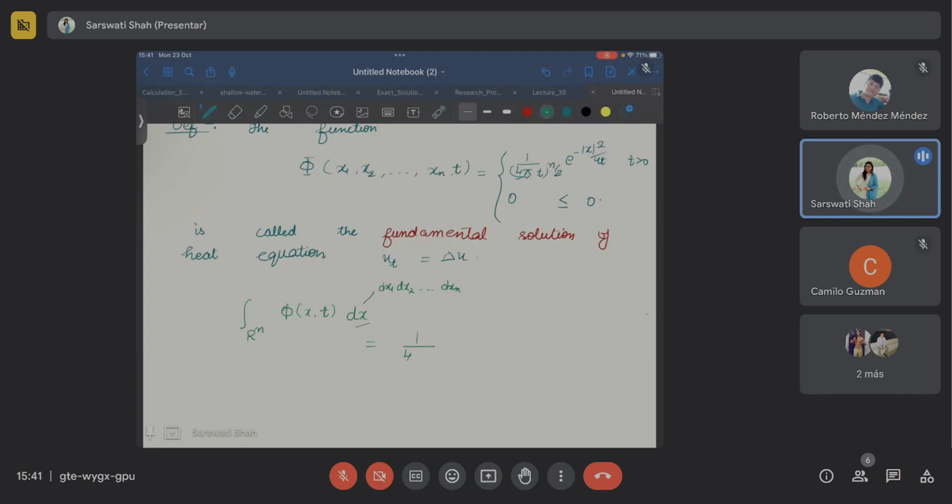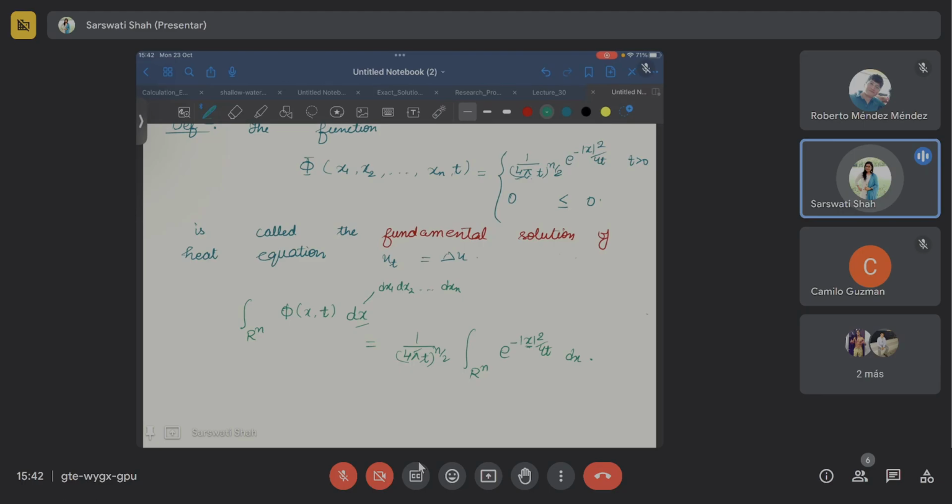Since we are taking the integration with respect to x, we can simply take (4 pi t) to the power n over 2 outside, and it will be the integration over Rn of e to the power minus modulus of x squared over 4t dx. Now you can see that this is the distance from the origin in n dimensions.